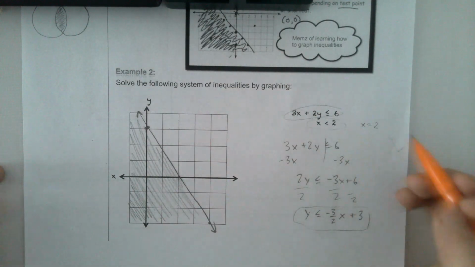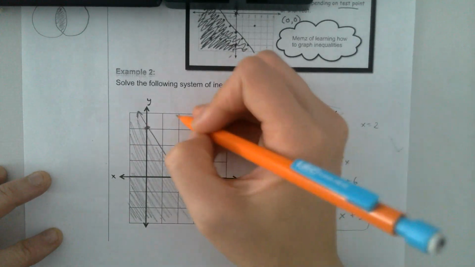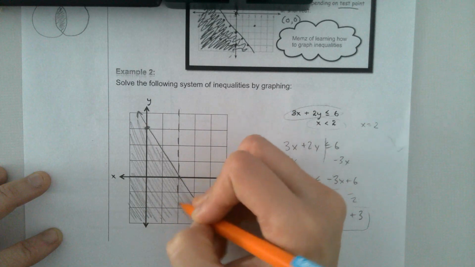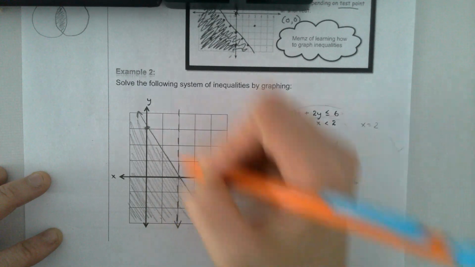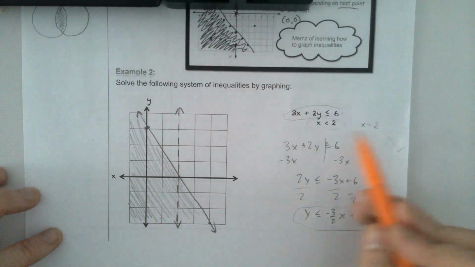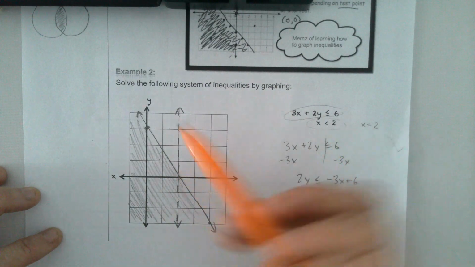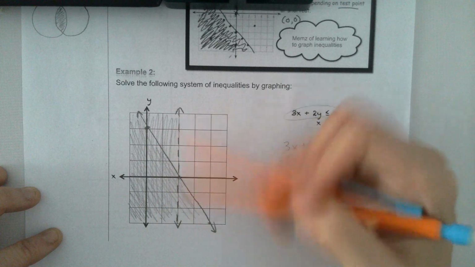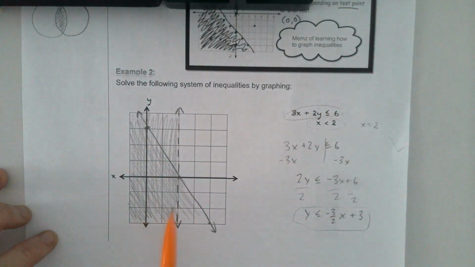No matter what y is, x is always 2. So this is going to be dotted. Since it's less than, 0 could work, so we're going to shade this way. You can see the overlapping part is right here. It's this darkest part, and that would be your answer.